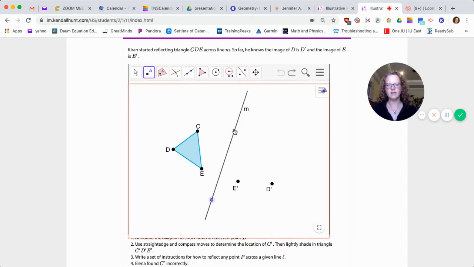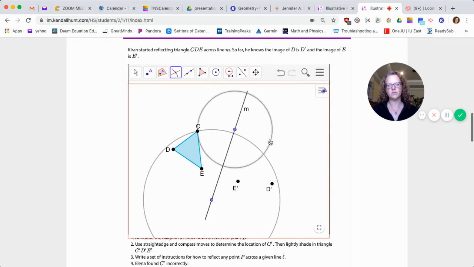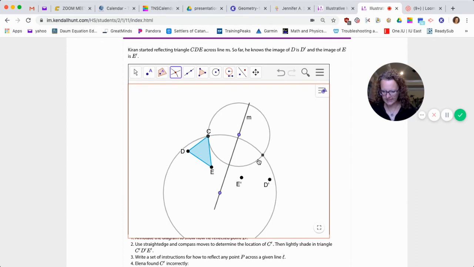Put 2 points on line M, draw a circle through, we'll call that point X, to, let's do C, to the image, and the other point to the image, mark the intersection of those 2 circles, and you have your image. The old point is the pre-image, and the new point is the image. And now I know this is C prime. Cool?